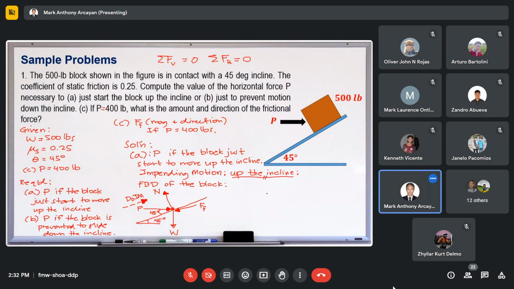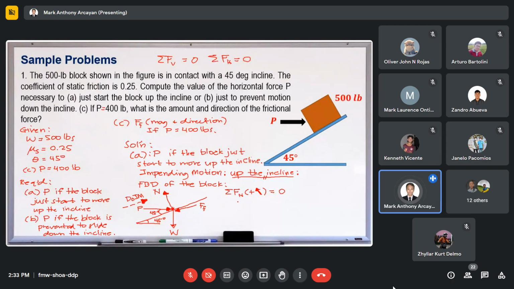Okay? So here we perform summation of forces both parallel and perpendicular to the inclined plane. Summation of forces normal to the inclined plane, positive up, perpendicular to the incline, equal to 0. What forces act along the normal axis?